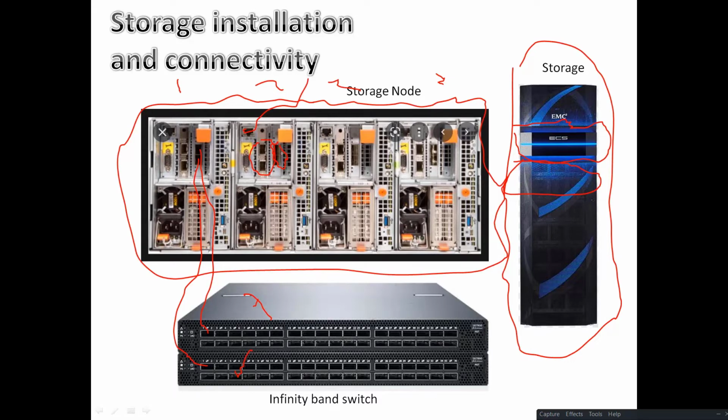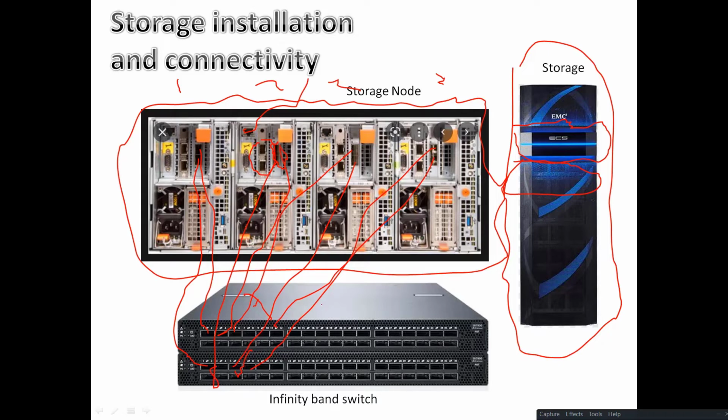Same with the second node, we will go with port number 2 here, and the second port as redundant for the 2. Same with the third node, we will use the third port, and this one connects to the third port. Similarly with the fourth node, we use the fourth port, same to the InfiniBand, and this one to the third node.